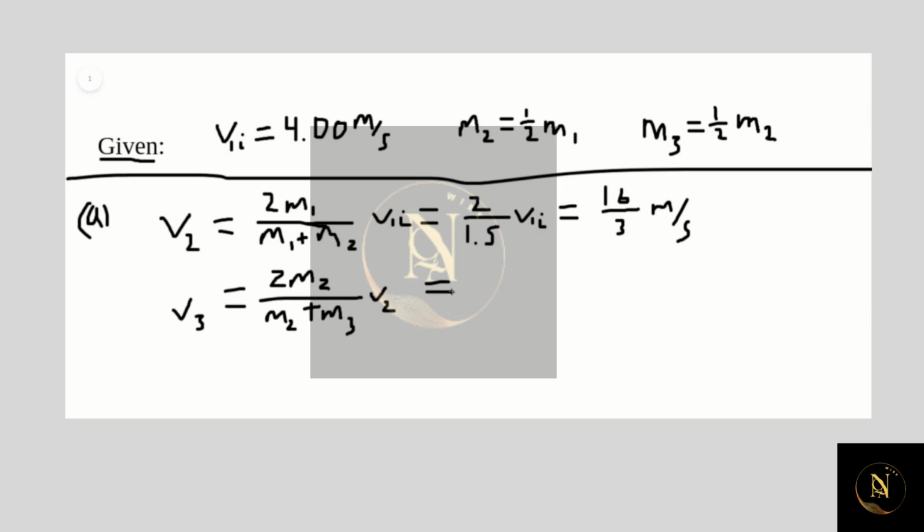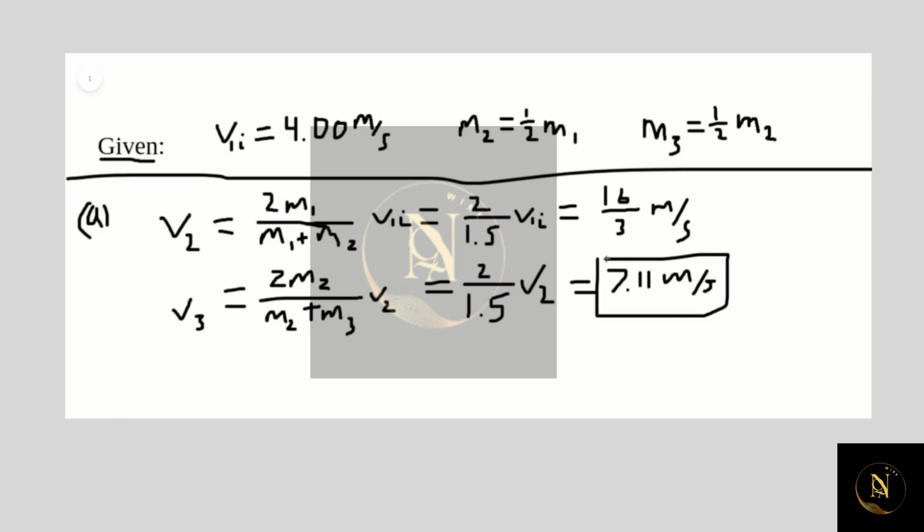Well, here, M3 is 1/2 M2, so we'll plug that value in for M3. So you have 2M2 over 1.5 M2, where the M2s are going to cancel. So you have 2 over 1.5 times V2. And this comes out to be 7.11 meters per second. We can box that in as our solution for part A.